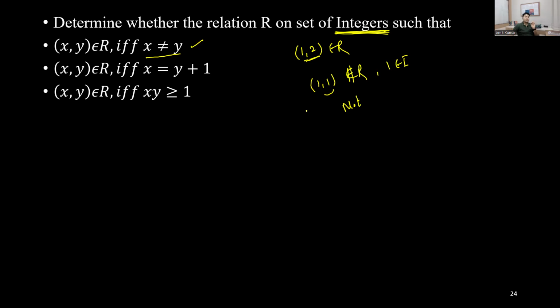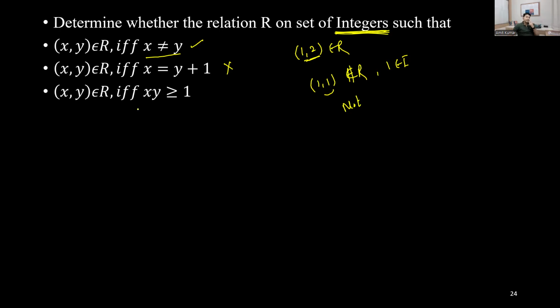Not reflexive means this is not partially ordered. So now there's no need to check the others, even though if you want, you can check them. Second one, x equal to y plus 1. It is also not reflexive because (1, 1) will not be there, (2, 2) will not be there.